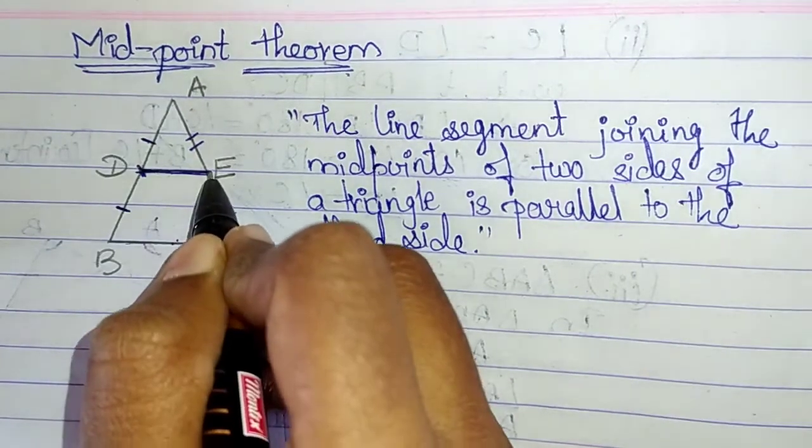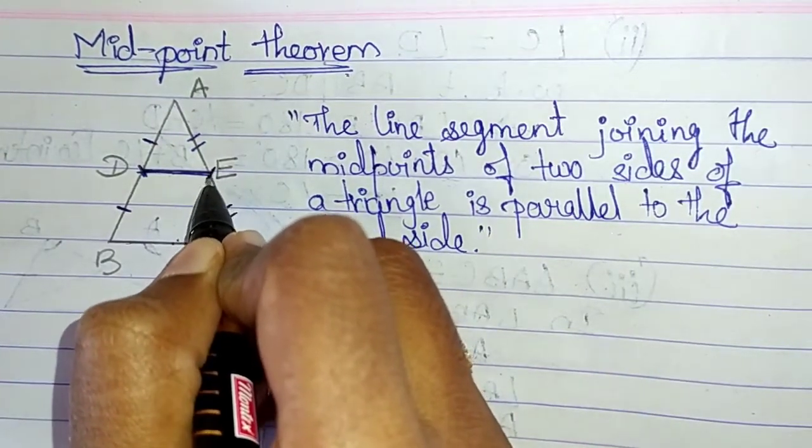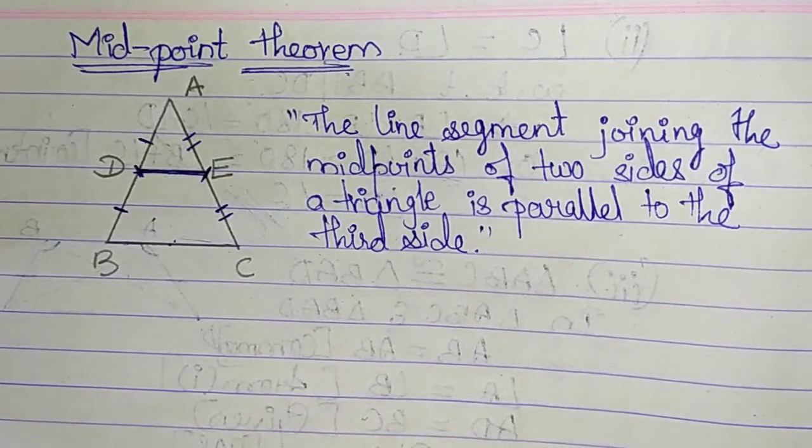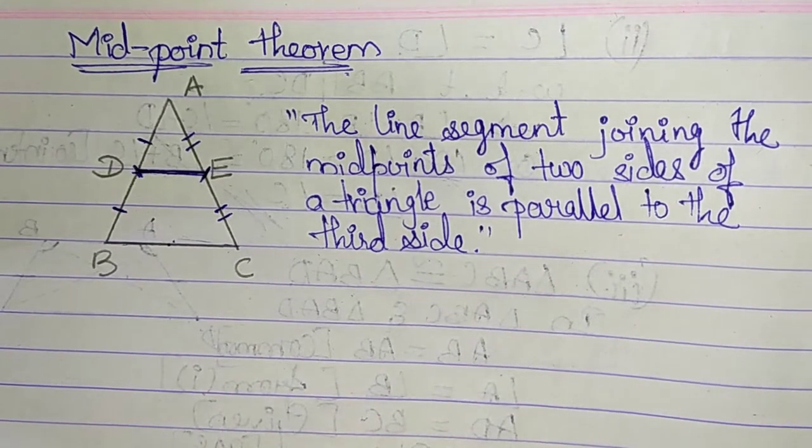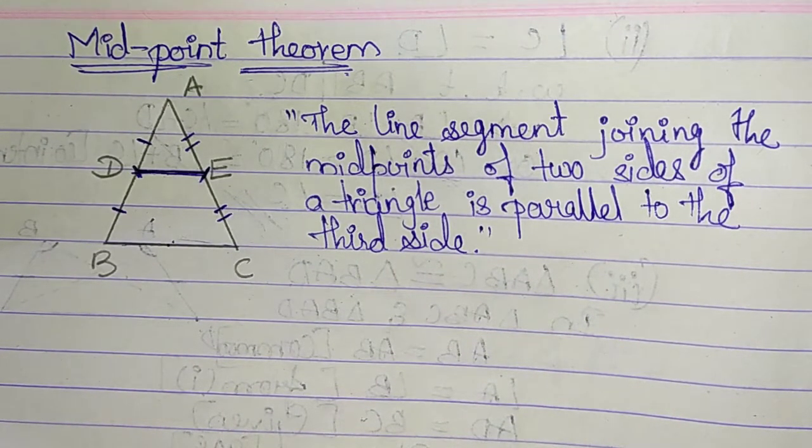It will cut the third side at its midpoint only, meaning it intersects the third side at its midpoint itself. That is the converse statement of the theorem.